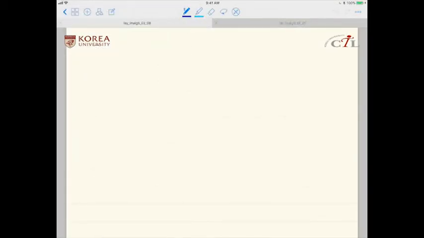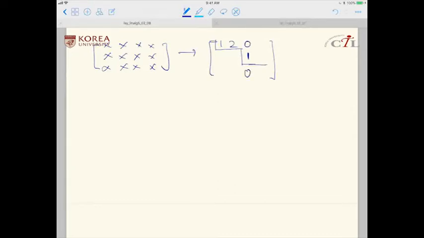So suppose our matrix was something like this, and this was converted into something like 1 over here, and 2, and 0, and 0, and maybe 3, 4.